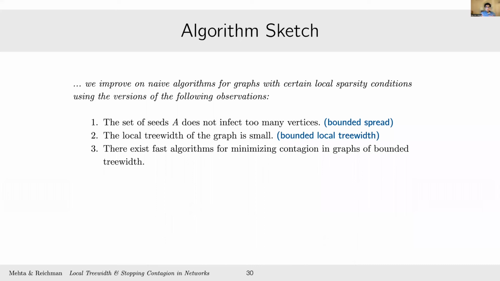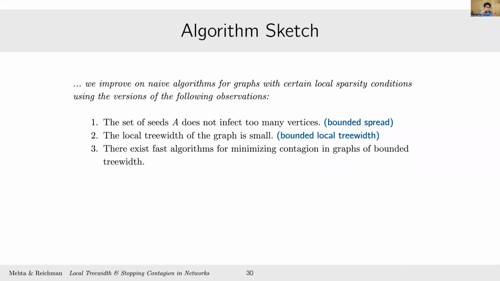This bounded spread property allows us to solve the minimizing contagion problem on some small subgraph rather than the graph as a whole. We can then apply some local treewidth bounds to say this small subgraph that we're solving the problem on also has low treewidth. If these are true, then we can just apply a fast algorithm for minimizing contagion on graphs of bounded treewidth.